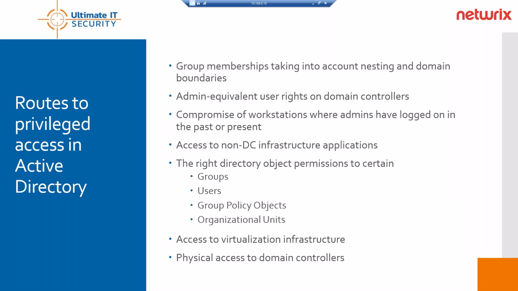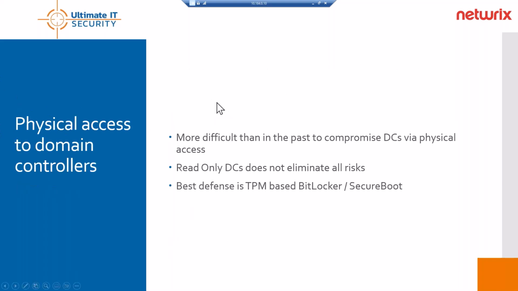And there are specific permissions on certain sensitive objects that we've got to keep an eye on. And this can be, again, one of the most unclear or least obvious ways that somebody can have admin authority. Virtualization infrastructure, we'll talk about that. And then at least we'll give honorable mention to physical access of domain controllers.